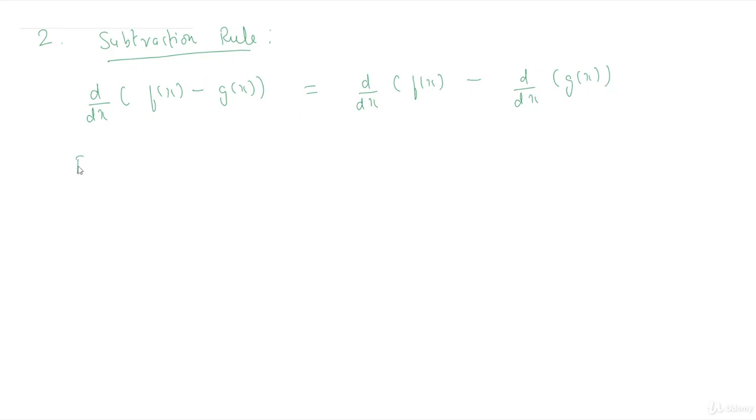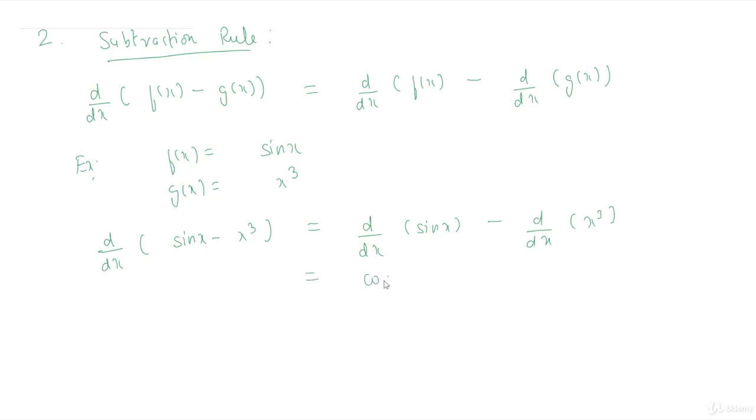Now let's take an example. Let's say f of x is equal to sine x and g of x is equal to, let's say, x cube. So then the derivative of f of x minus g of x will be the derivative of sine x minus x cube. So this will be d by dx of sine x minus d by dx of x cube.